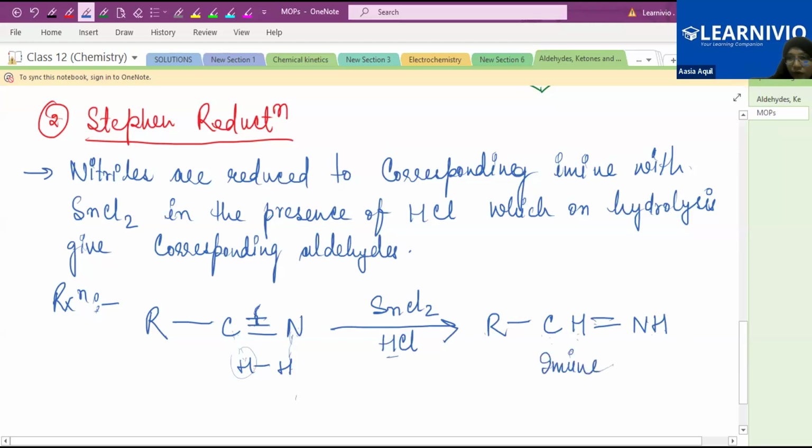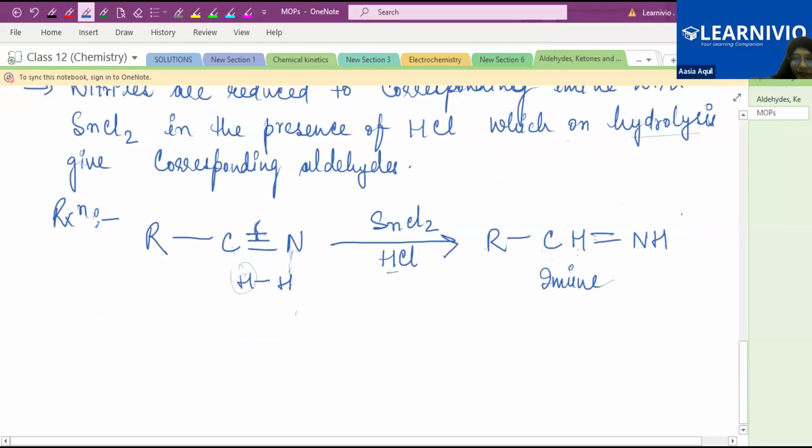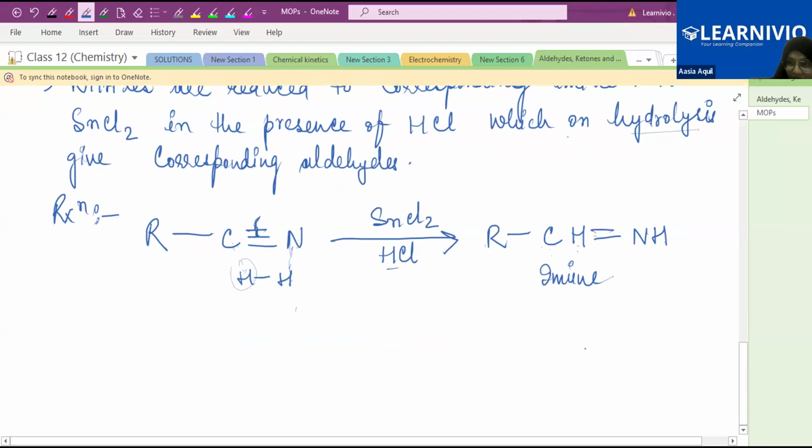Okay, now further you have to do hydrolysis. When you do the further hydrolysis with H2O, it will give you H plus ion. So what happens here? This bond will break. This bond will break. From here NH3, ammonia, is formed from this double bond.